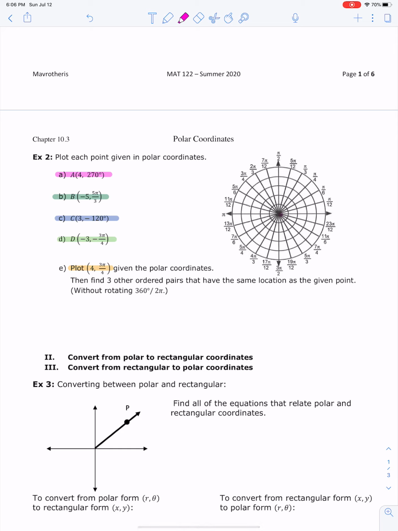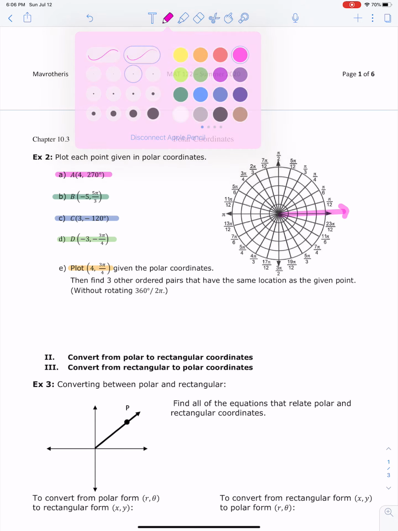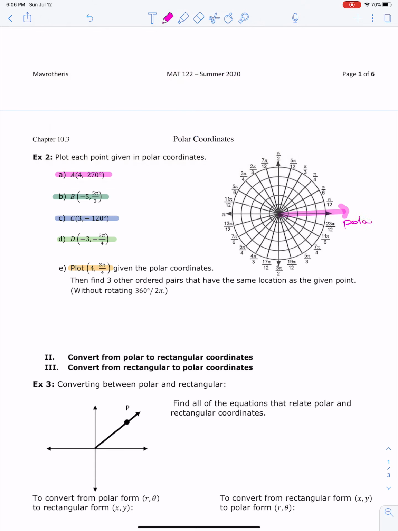If this is my polar axis right here, 90 is straight up at pi over 2, 180 is pi, 3 pi over 2 is 270 degrees, so I know I'm going to be somewhere along this one. My r is 4, so from the center I'm counting out 1, 2, 3, 4, and here's point A.